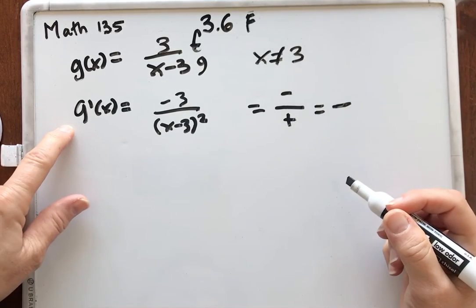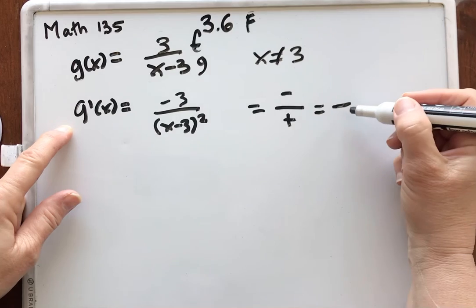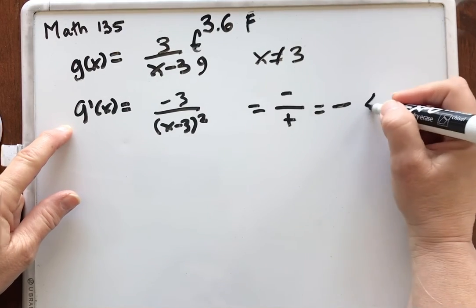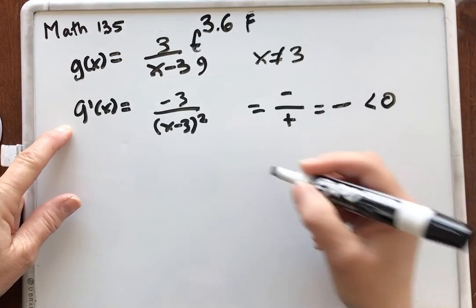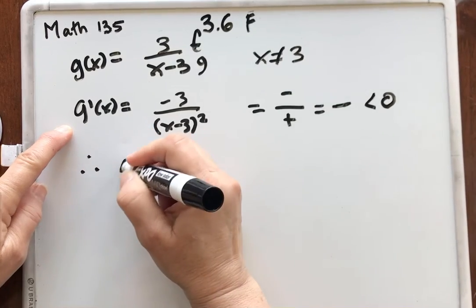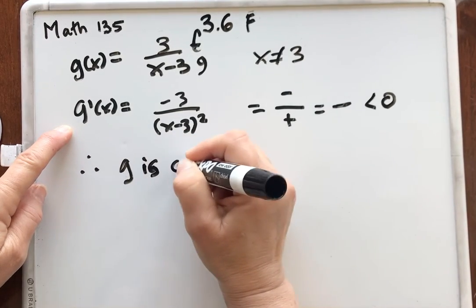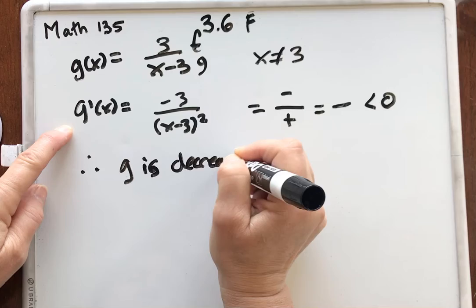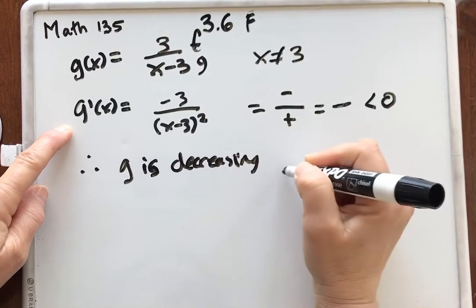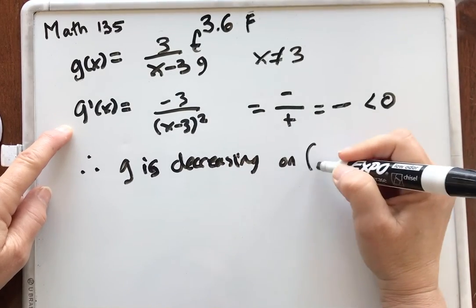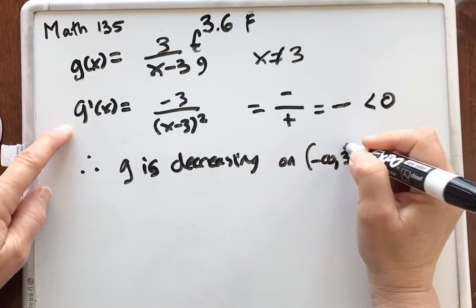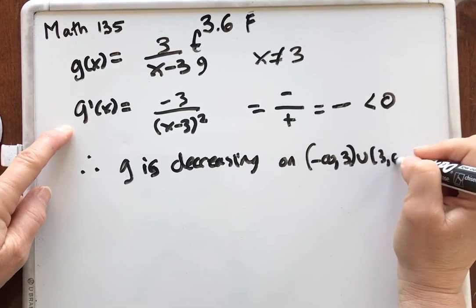So if g prime of x is less than 0, then what do we know? We know g is decreasing. So g of x is decreasing on negative infinity to 3 and 3 to infinity.